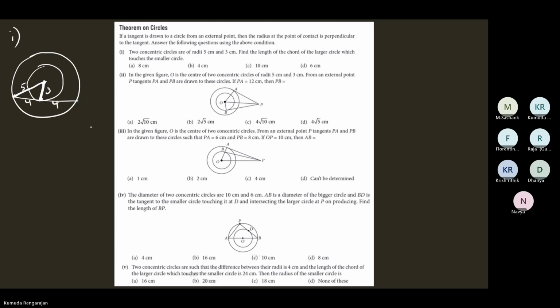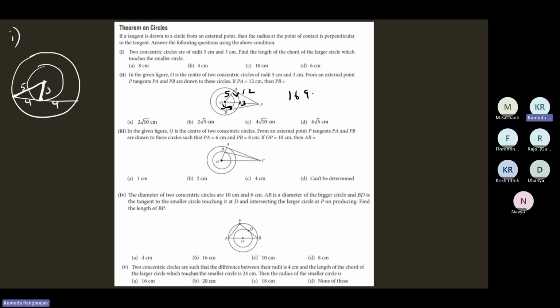Yes, ma'am. Next one, PB is equal to 4 root 10. Okay, so it's again Pythagoras theorem. PA is 12. This one is 5. This is 90 degrees. So you get 13 here. Now this is 90. And this is 3.